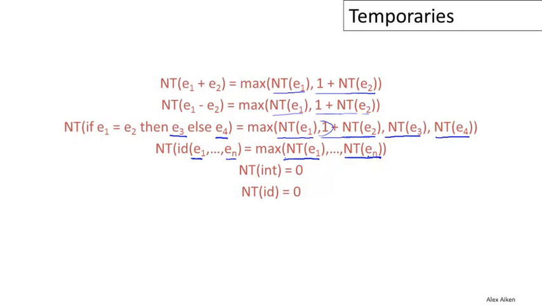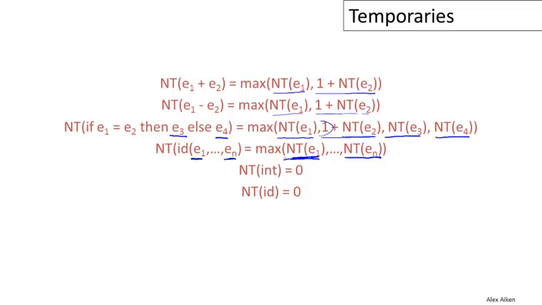And the reason we don't have that in here is that even though those values are indeed saved, they're not saved in the current activation record. The space for the result of E1 and the result of any of the arguments, Ei up to En, is saved in the new activation record that we're building.